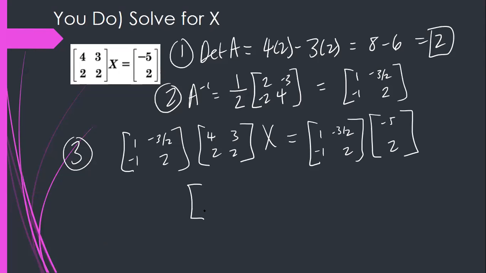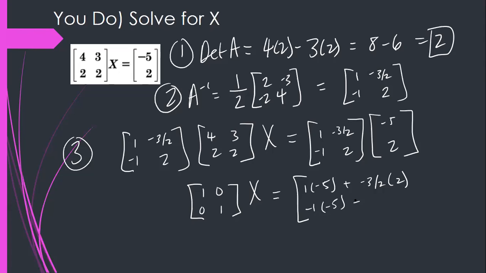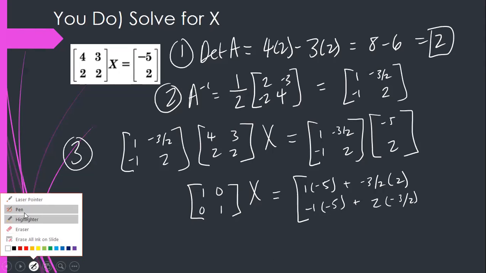So this is going to equal the identity 1, 0, 0, 1. And this equals 1 times negative 5 plus negative 3 halves times 2. Negative 1 times negative 5 plus 2 times negative 3 halves. I did not mean to write that 2 times 2, Shauna.